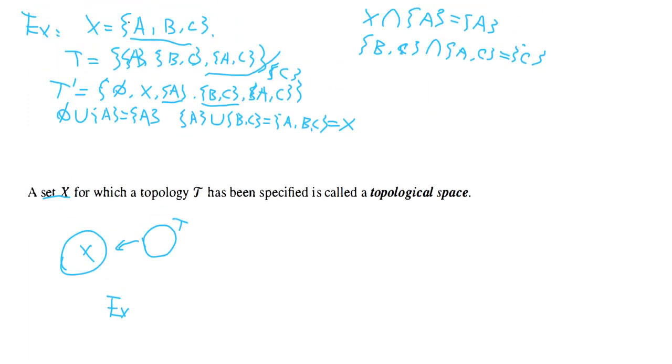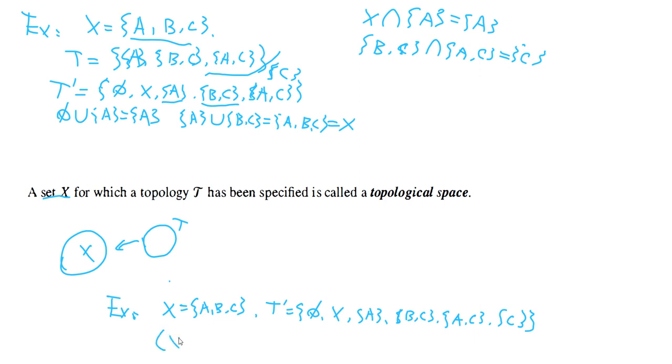For example, we can have the set X like this, A, B, C, and the topology T prime is the empty set, the set X, the set of A, the set of BC, the set of AC, and the set of C. This is a topology of X, and if we consider those two things together, the set X with its structure topology T prime, we call this combination the topological space X. So this is what the topological space is.